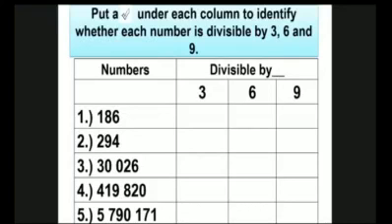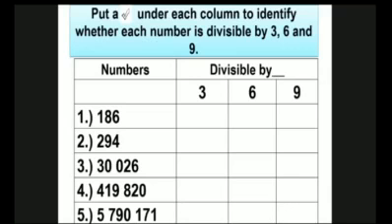So this is the activity that we're going to accomplish as we go on with this topic. We have to put a check under each column to identify whether each number is divisible by 3, 6, and 9.